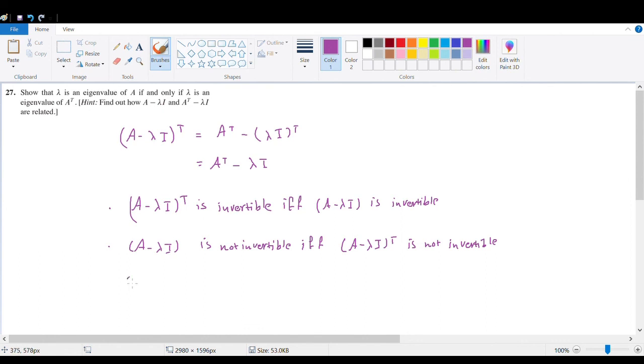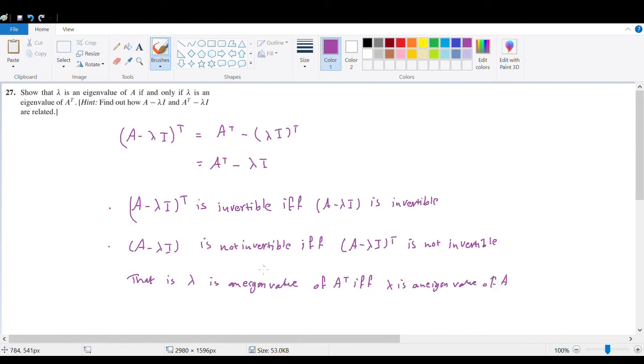So that is, lambda is an eigenvalue of A transpose if and only if lambda is an eigenvalue of A.